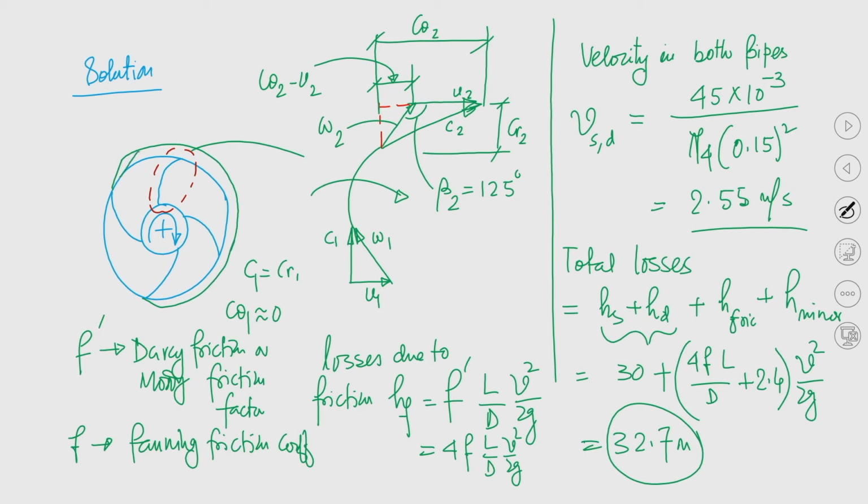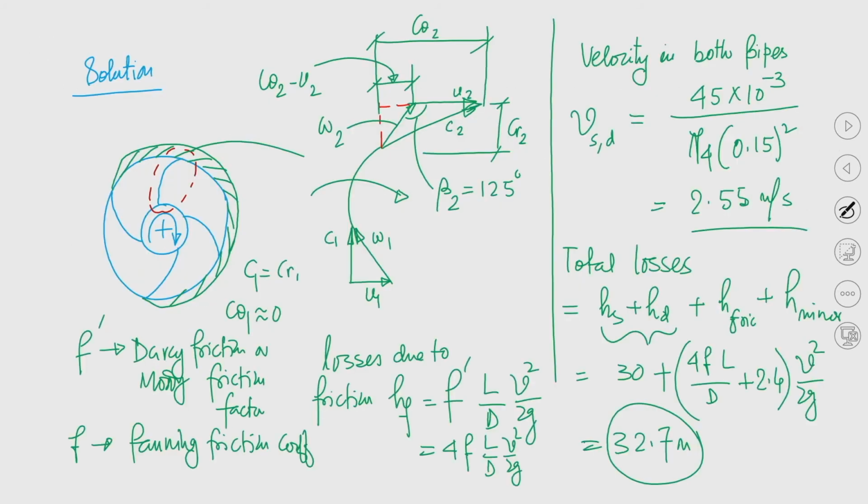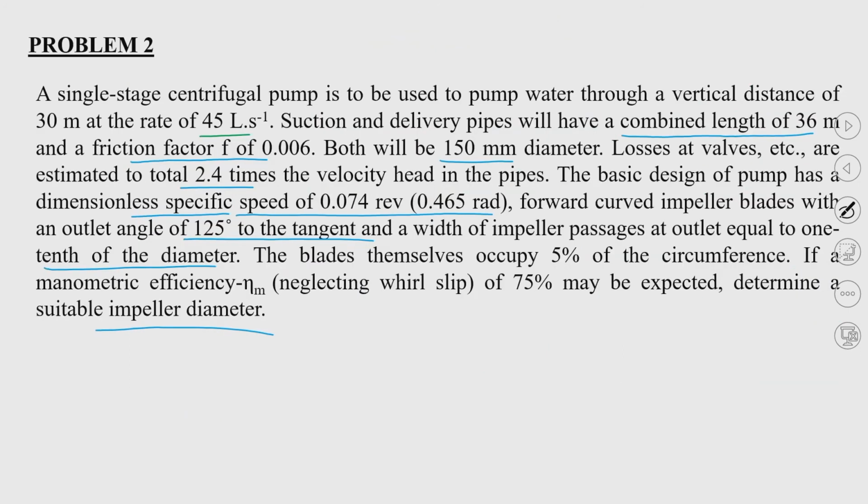So, this is the flow area at the outlet, okay. And pi d2 B2, d2 we have calculated, right. So, d2 we have already calculated, d2 we know because diameter of the suction and delivery pipe, we have to calculate d2, that is impeller diameter, that is very important.